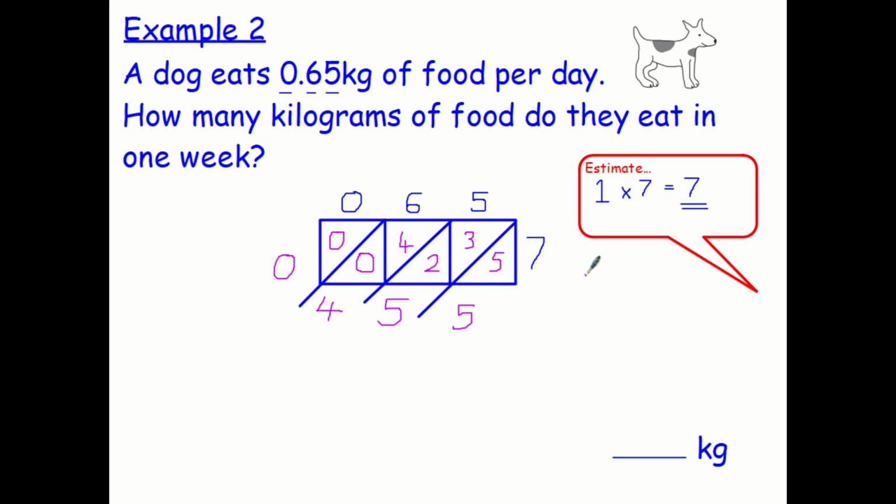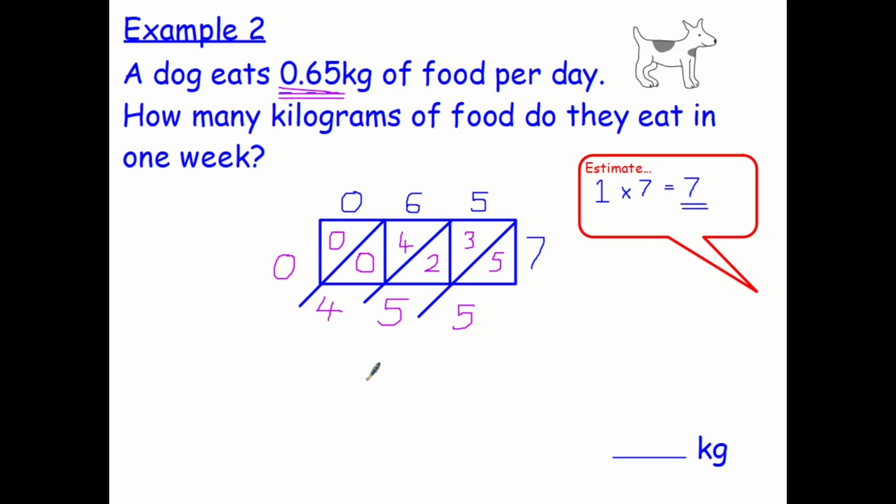Okay, so my estimate was 1 times 7. That was an estimate as if the dog ate 1 kilogram of food per day, then obviously they'd eat 7 kilograms in a week. But we actually had a number that was less than 1, so I know that my answer's got to be around 7, but not particularly close to 7 because it was less than 1, it's 0.65.